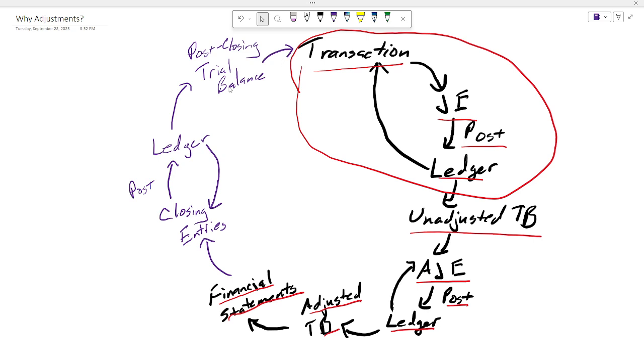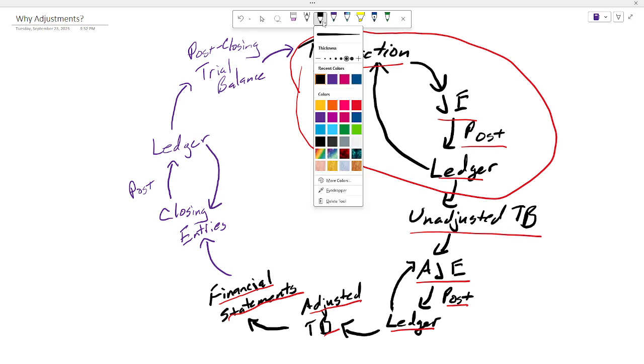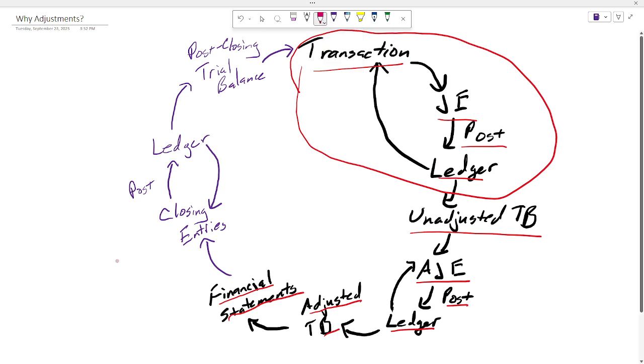The last thing I want to say about the accounting cycle is that the whole reason we go through all of this work is to make the financial statements. So none of this really matters unless we are making the financial statements.